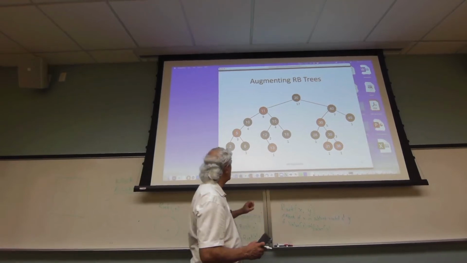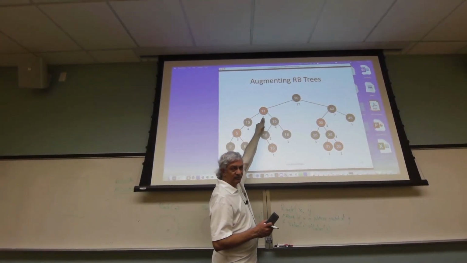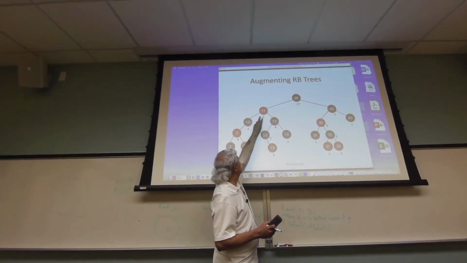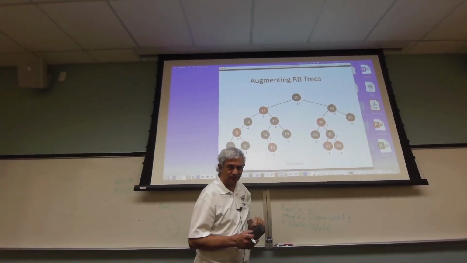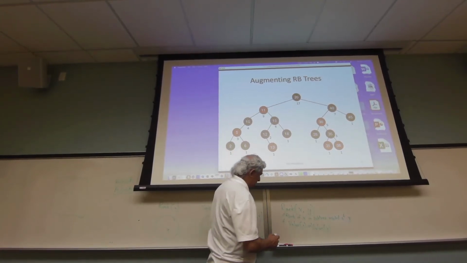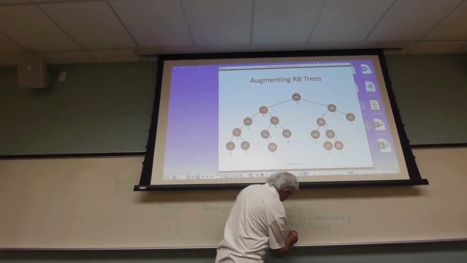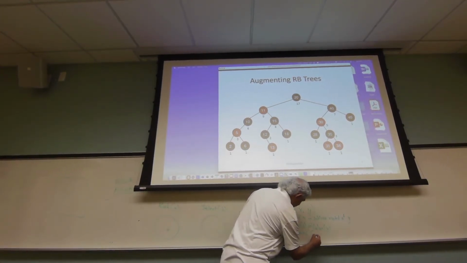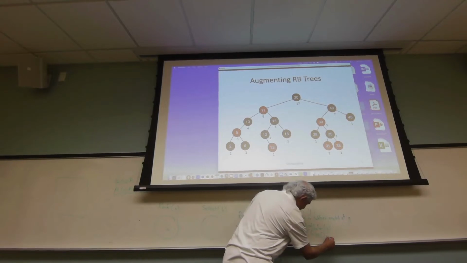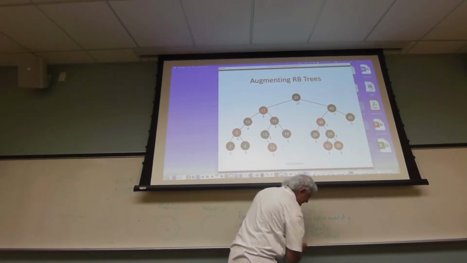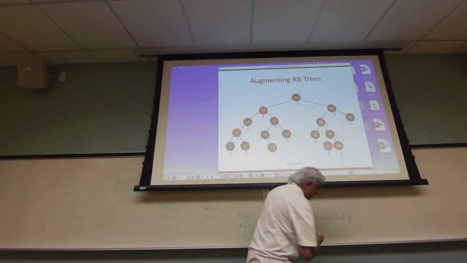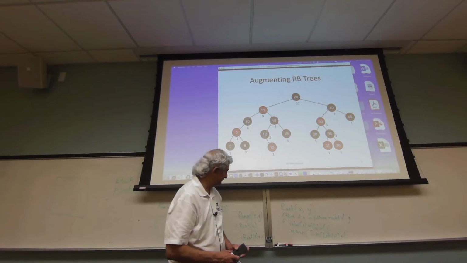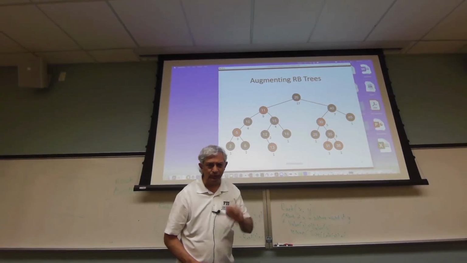So if I am here and I'm looking for 11, then what is the rank of this? The rank of this is one more than the size of the left subtree. So I'm going to say return size of left subtree of y plus 1. So this is if x is equal to y.